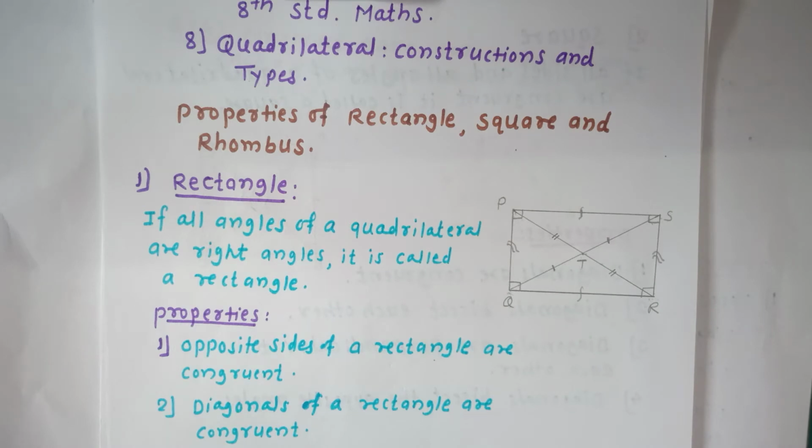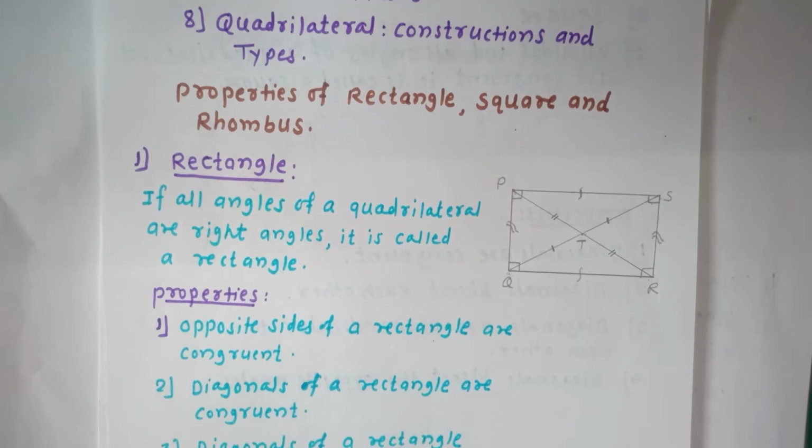You already know two types of quadrilaterals, that is rectangle and square. Now we will study some more properties of these types and some more types of quadrilaterals. And today we are going to study what is meant by rectangle, square, rhombus and their properties.